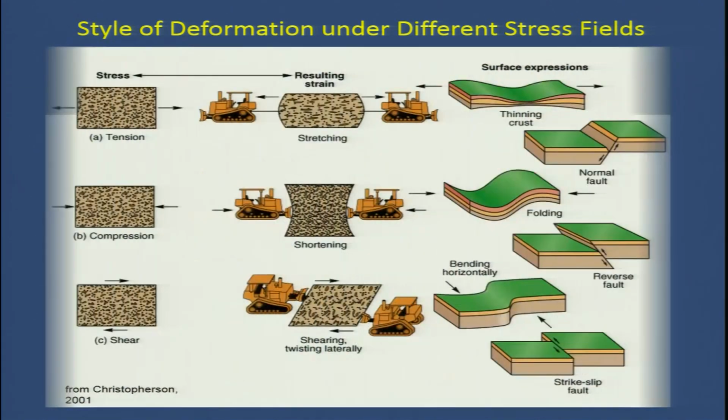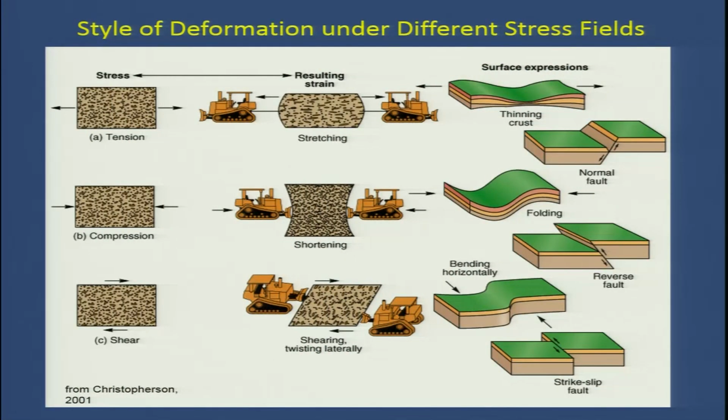Now the style of deformation under different stress. If you have an extensional tectonic environment, then you are stretching and thinning the crust, and one block will move down with respect to another. This is the hanging wall, and this is the foot wall, the stationary wall, which lies on the inclined fault plane.